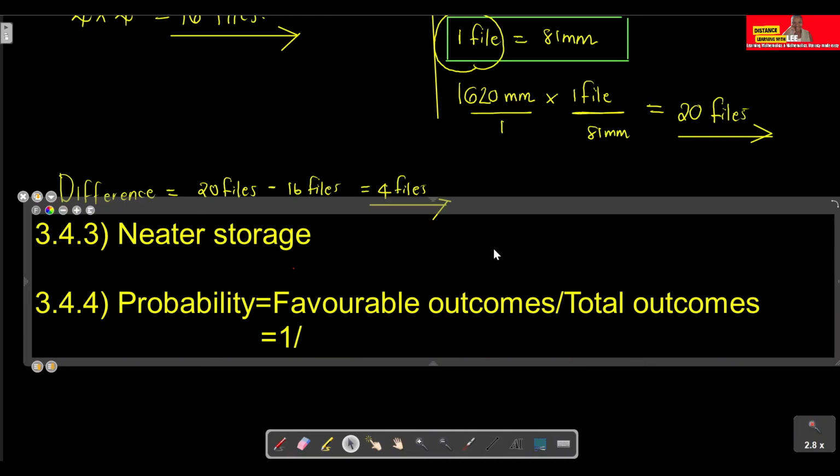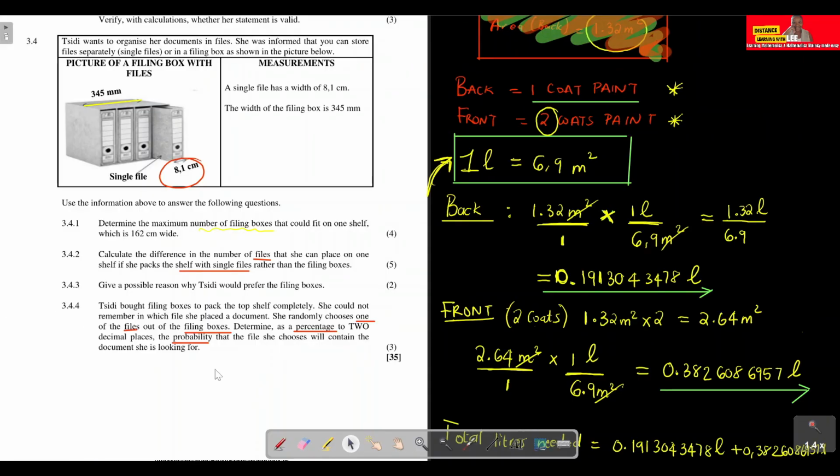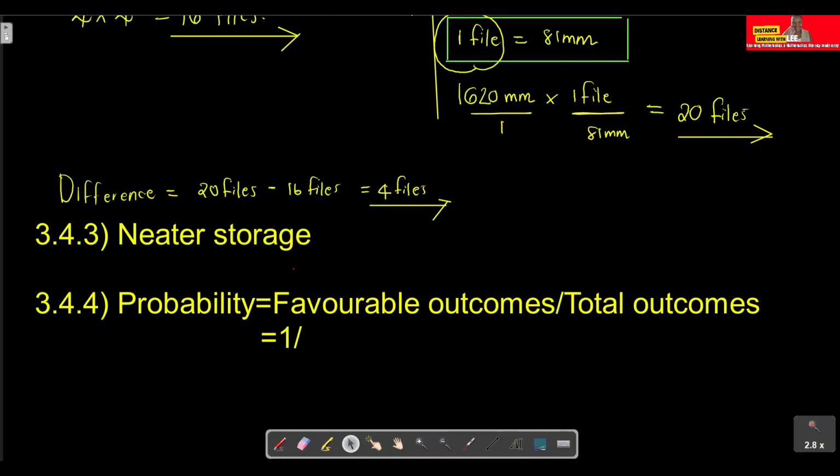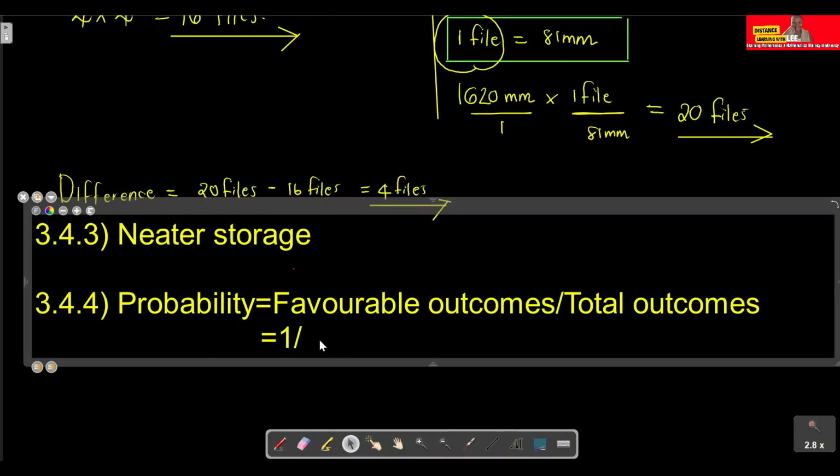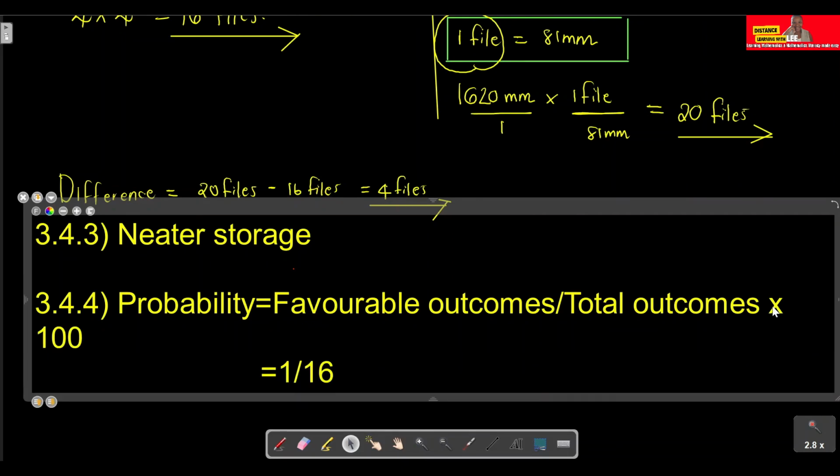So how many total files is she taking out that one file from? Here guys, you're not going to say it's 20. Why not? Because they've mentioned that she's taking it out from the filing boxes. So when we dealt with the filing boxes, we already calculated she can only fit in 16 files. So that is why we now divide by 16. But because this question wants your answer as a percentage, you need to also remember that you need to multiply by 100.